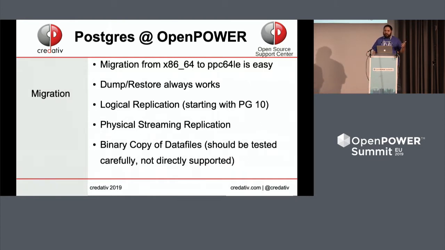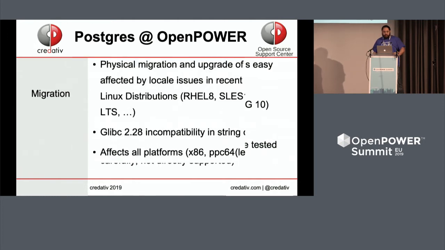For the most part, this seems to work. If you're going from, let's say, a Debian to a Debian, there are some issues you can run into. Binary copy of data files obviously becomes questionable. And actually the scariest part is that it looks like it works, and so you may not realize that something's broken until you get into production. We've seen that problem, and it's hard to trace that back.